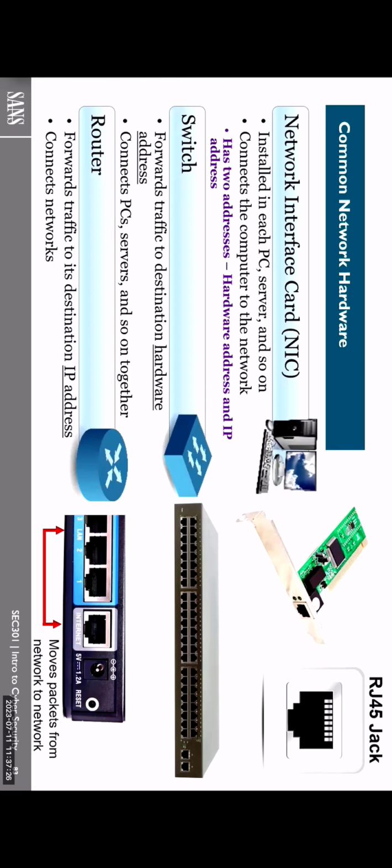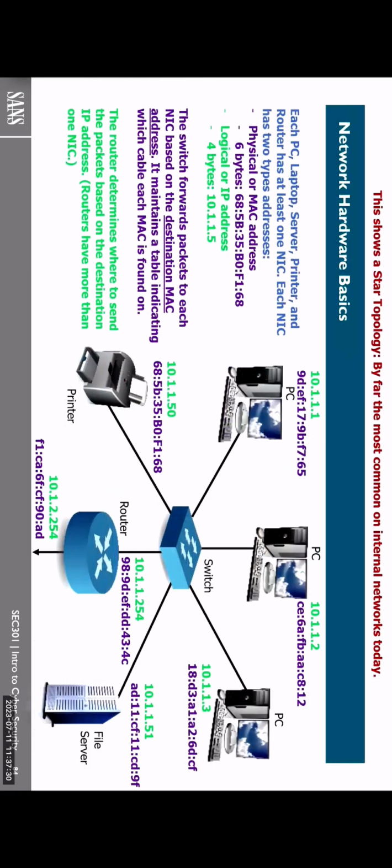Now, every single device on my network is going to have an IP address and a MAC address. The MAC address that they brought onto the network and the IP address which was assigned to them on that network.